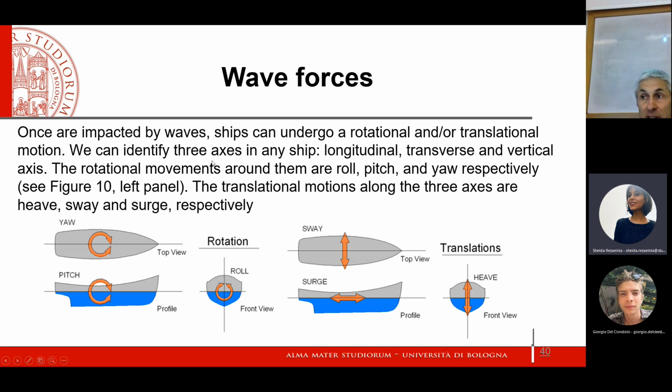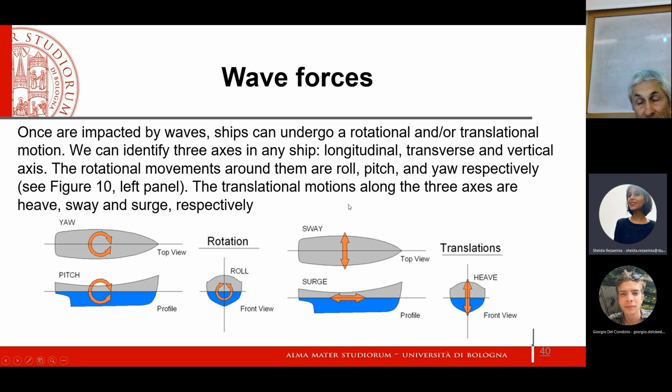The rotational movements around them are, respectively, roll, pitch, and yaw. So basically, you see the yaw is a rotation around the vertical axis. The pitch is a rotation around the transverse axis. The roll is a rotation around the longitudinal axis.